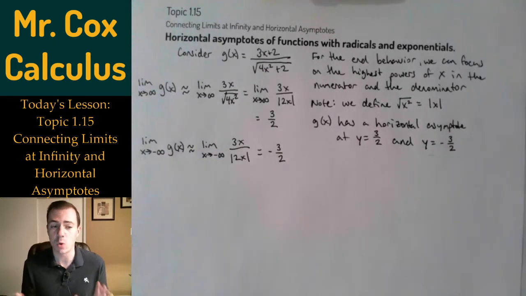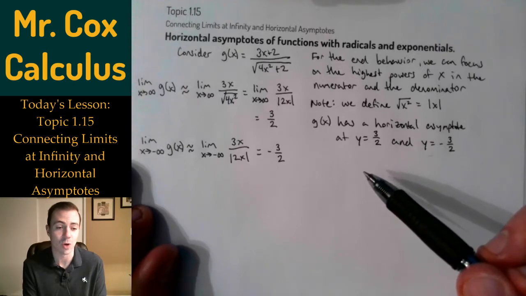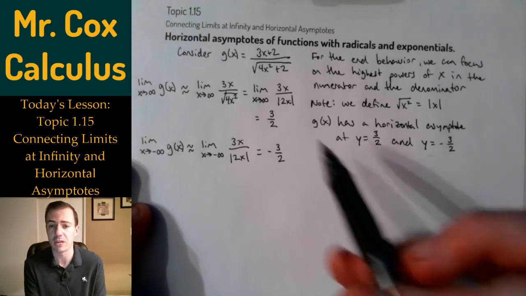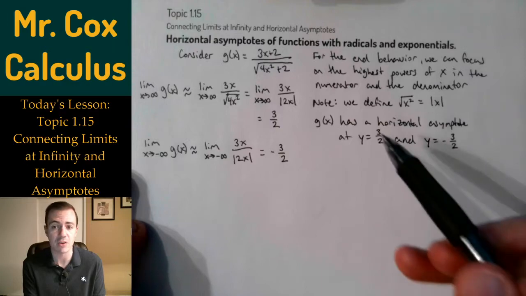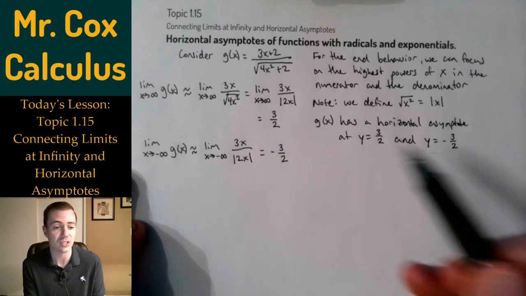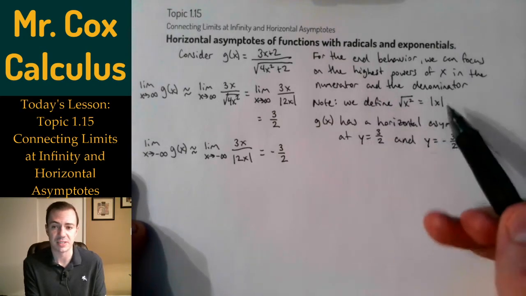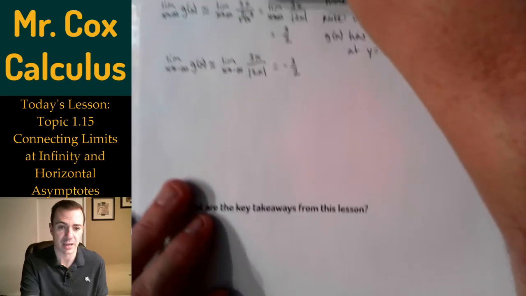So if you've ever had a horizontal asymptote described to you as a line that the function never crosses or never touches, that's not true for this particular function. So I would encourage you to take a look at the graph of this function and really verify why these two statements are true, and it stemmed from this technicality of how we define the square root of x squared.